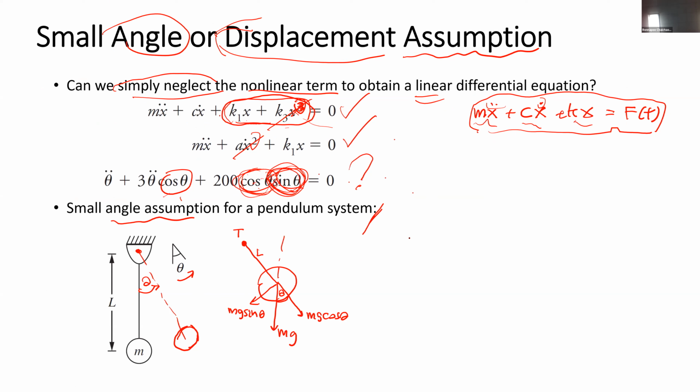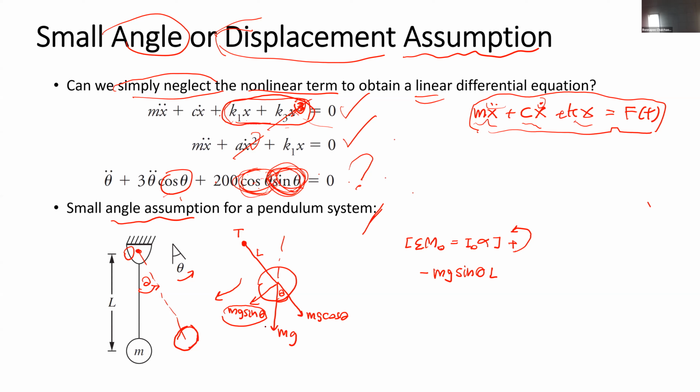The summation of moment about point O is equal to the moment of inertia about point O times alpha, taking counterclockwise as positive. For the summation of moment about point O, the mg sine theta creates a clockwise moment, so it should be minus mg sine theta at a distance L. This is the moment about point O by this force.